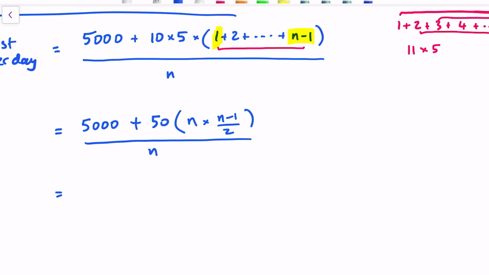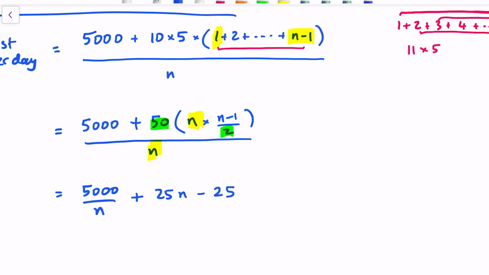Okay, and then that simplifies to 5,000 over n, and then this last term, the 50 and the 50 there and the divide by 2 makes 25. The n there and the n there can cancel, and we're left with 25 times n minus 1, or 25n minus 25.